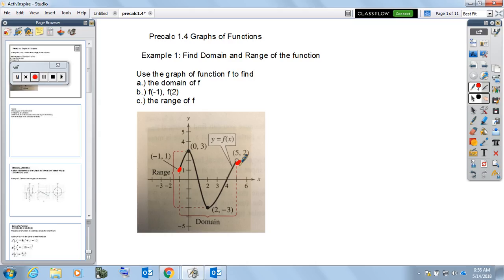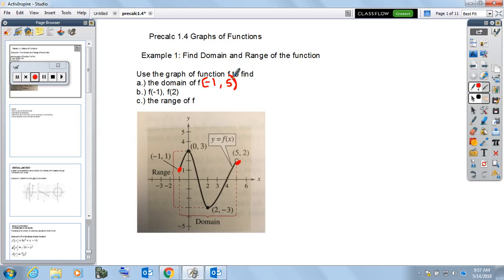By having that closed circle at -1, that means that it is included in our actual domain. So at -1, it's included all the way up until you get to a +5, not included there. And so we're not including 5, so we're not going to put the bracket. We're going to instead put the parentheses around it. So hopefully that's a little bit of review for us as well.